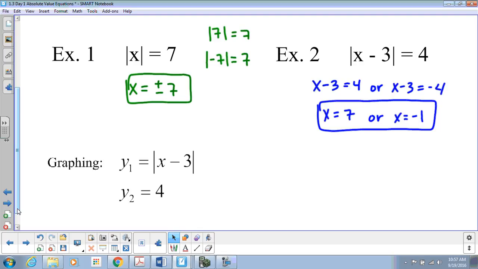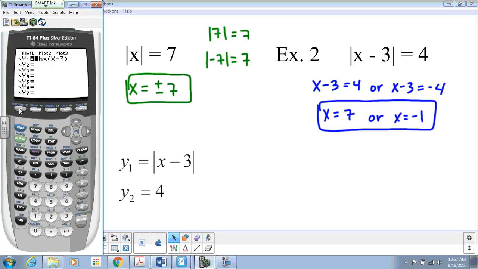So I can type y equals 4 into another y equals, and graph that. And I see that it intersects the V at 2 places. Those are my 2 solutions. So here at -1 and here at 4.